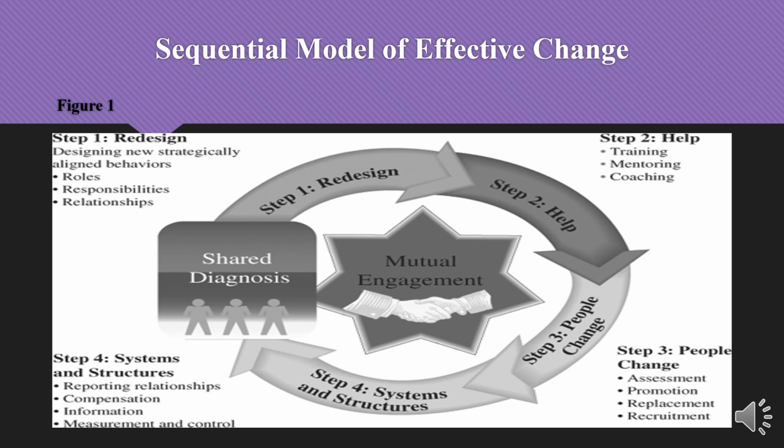Step 1, organizational redesign. Step 2, help. Step 3, people change. Then finally, step 4, systems and structures. In the following slides, I'm going to go through each of these steps one after the other.